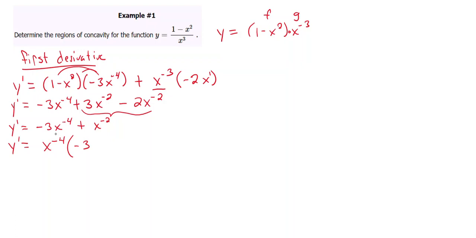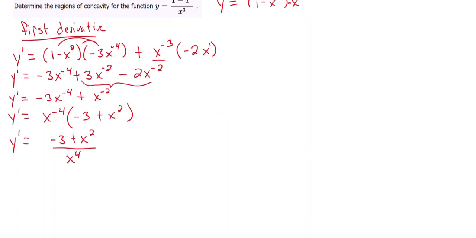-2 minus -4. Well, that becomes x to the 2. Oh, I should write plus x to the 2, right? -2 minus -4 is the same thing as -2 plus 4. So there you go, -3 plus x squared. And now from here, I can say y prime is equal to -3 plus x squared all over x to the 4.